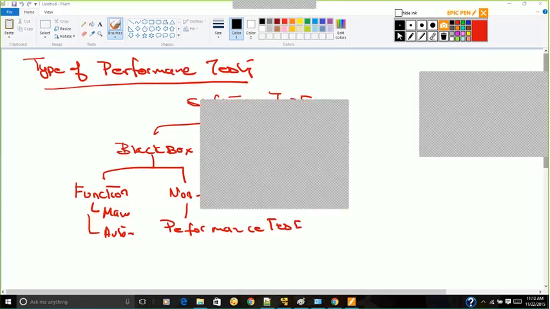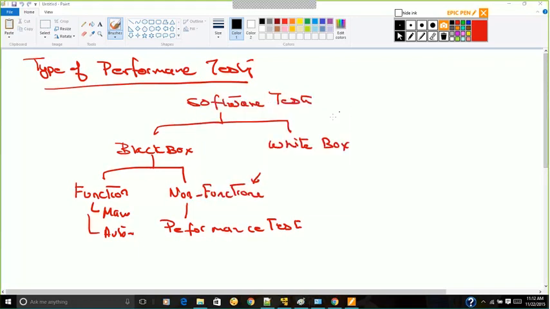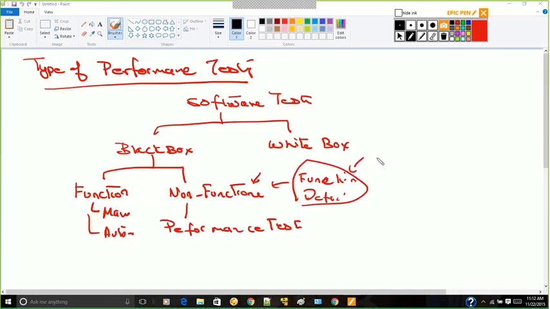Non-functional means here we are not going to find any functional defects. Here we are not going to test any functionality. We are not going to test how the component of that particular function works. We are not going to test integration of that particular component. These are all not what we are going to do.